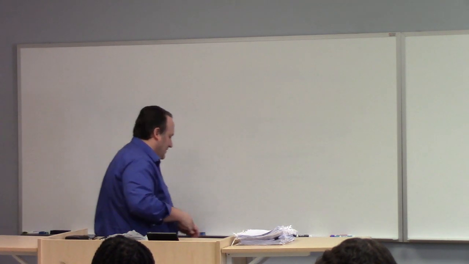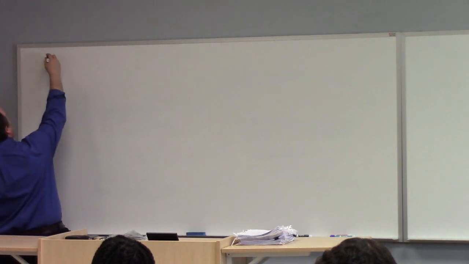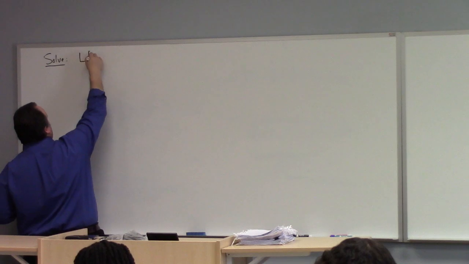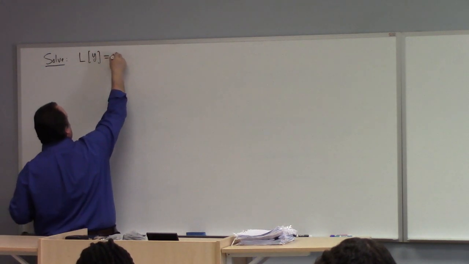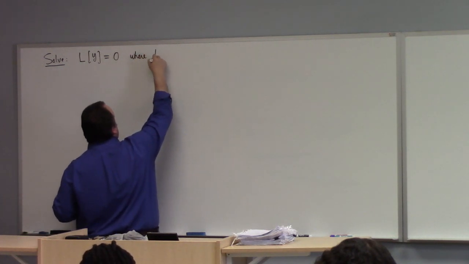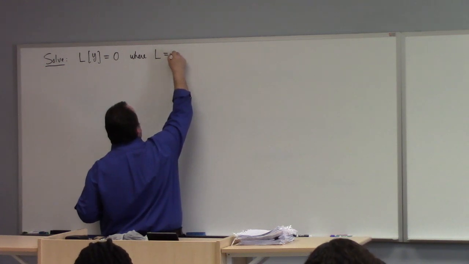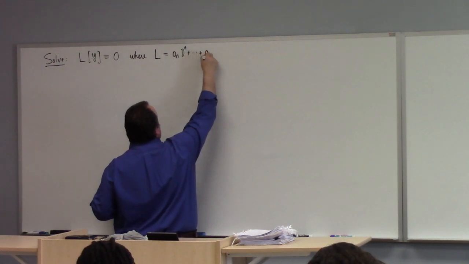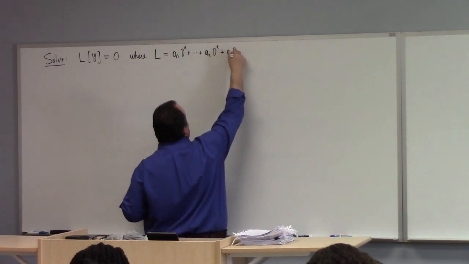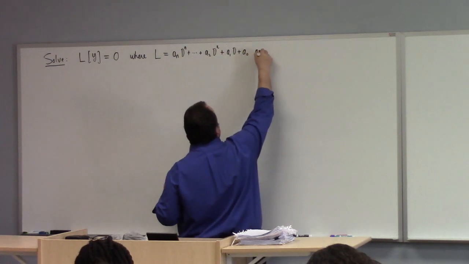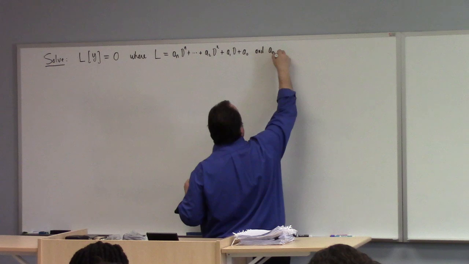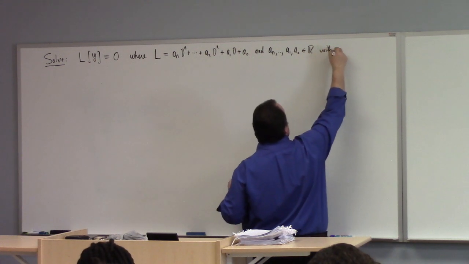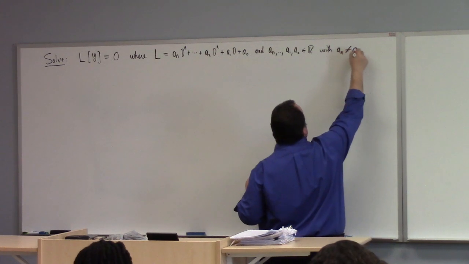So, all right. Okay, let's talk about math. So our goal is to solve L of y equals 0, where L is equal to a_n D to the n plus ... plus a_2 D squared plus a_1 D plus a_0, and all these coefficients are real numbers with a_n not equal to 0.